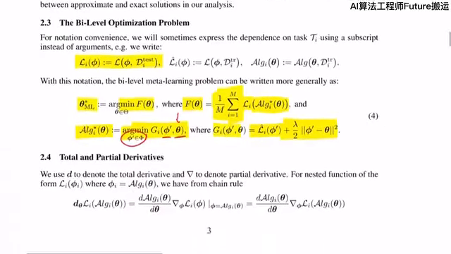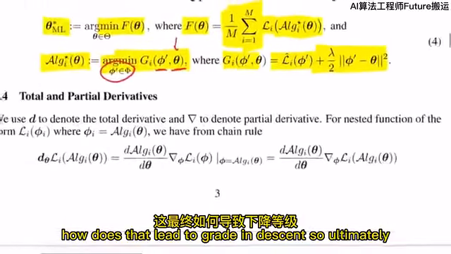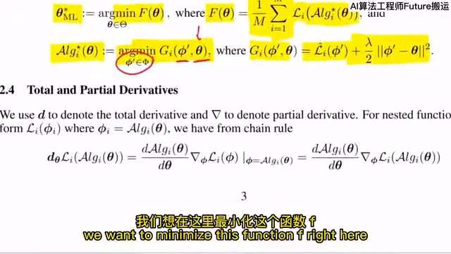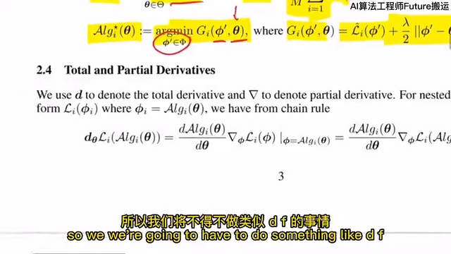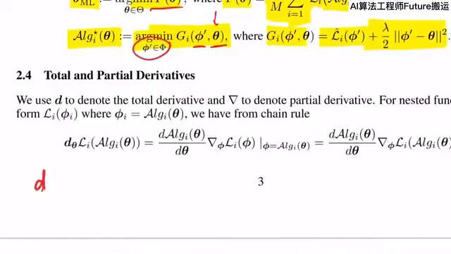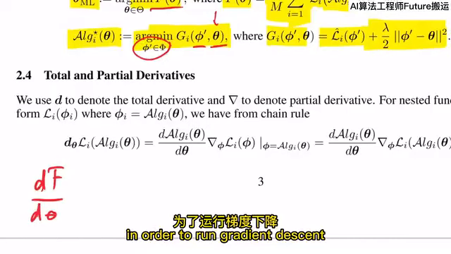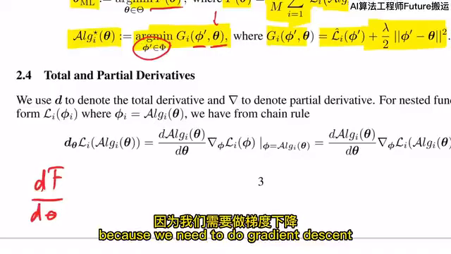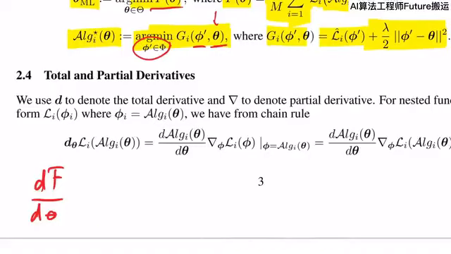Cool. Now the question, of course, is how does that lead to gradient descent? So ultimately, we want to minimize this function f right here. So we're going to have to do something like df by d theta, right? In order to run gradient descent, we need to calculate this gradient. So what's that going to be?